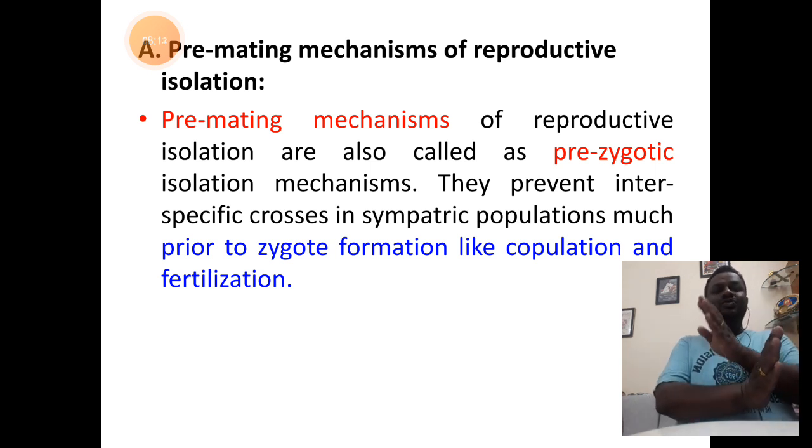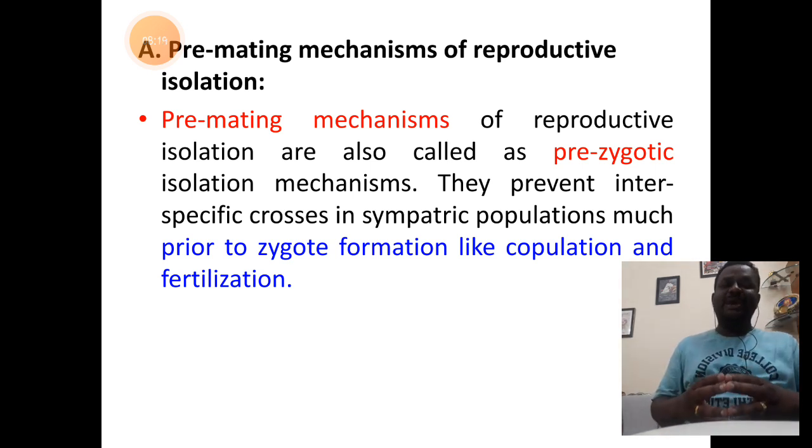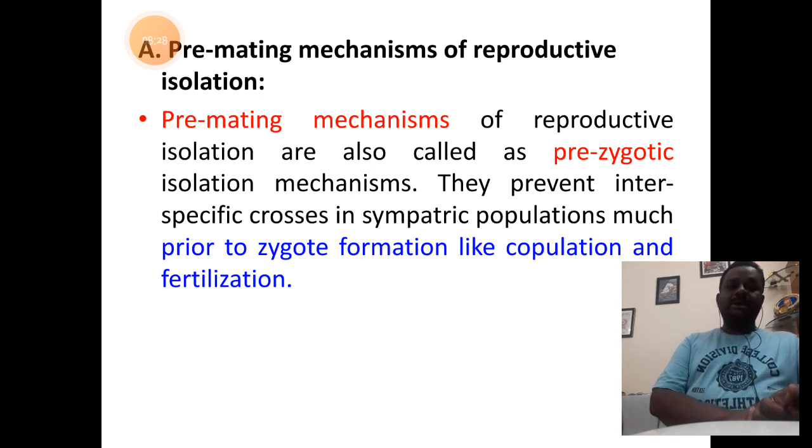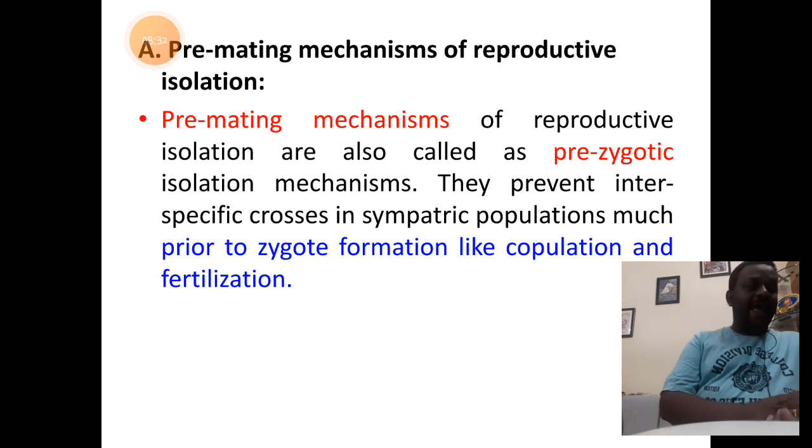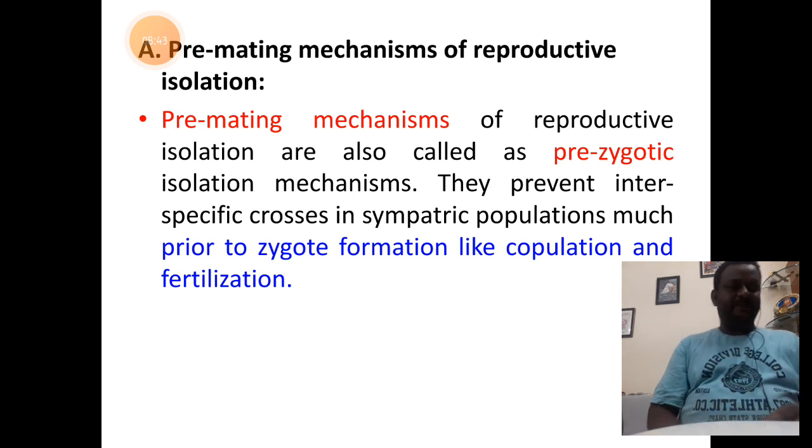So prior to the zygote formation, prior to the fertilization process, whatever reproductive isolation mechanisms are there are called pre-zygotic or pre-mating reproductive isolation mechanisms. It generally includes the process of copulation and the process of fertilization. This occurs in sympatric populations or closely related populations.